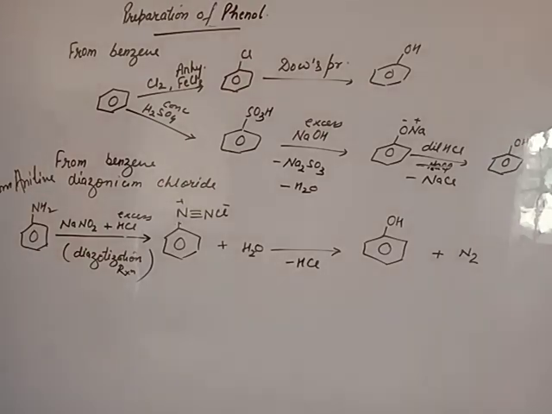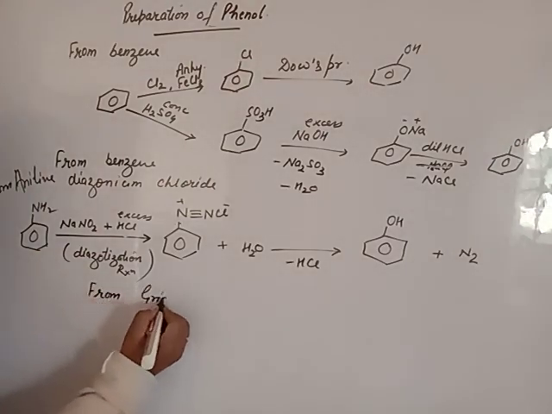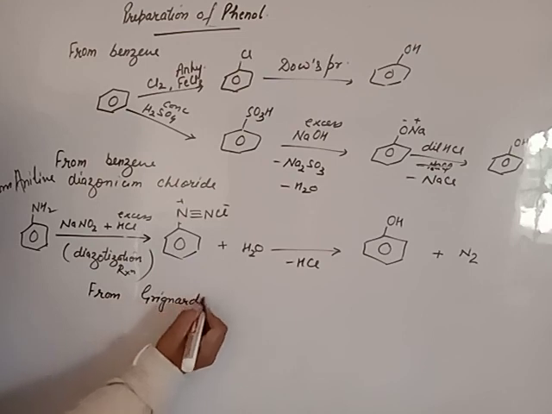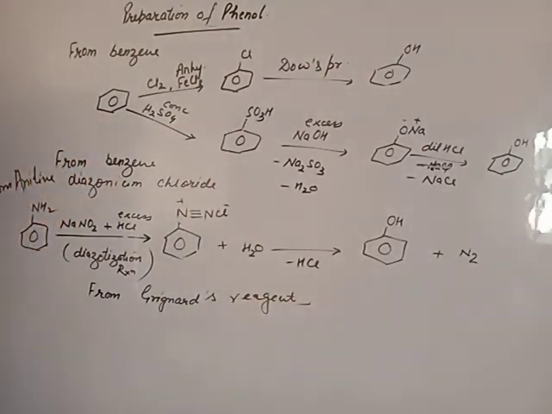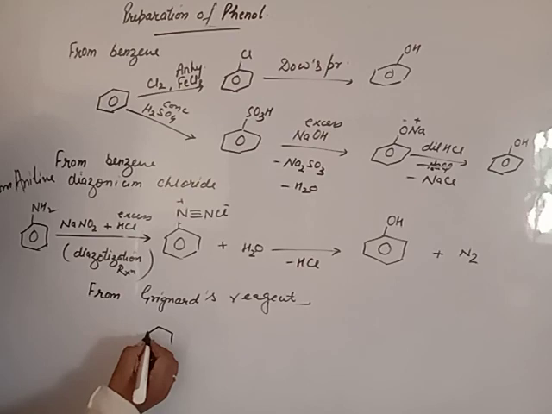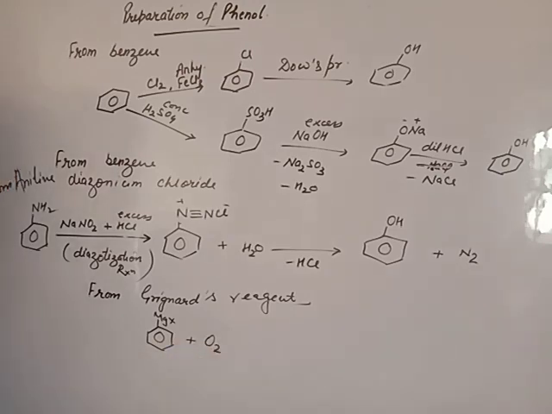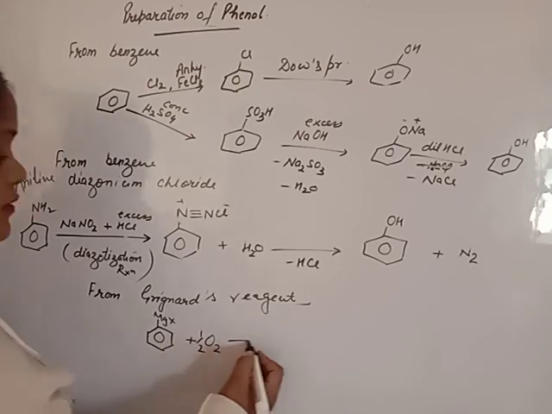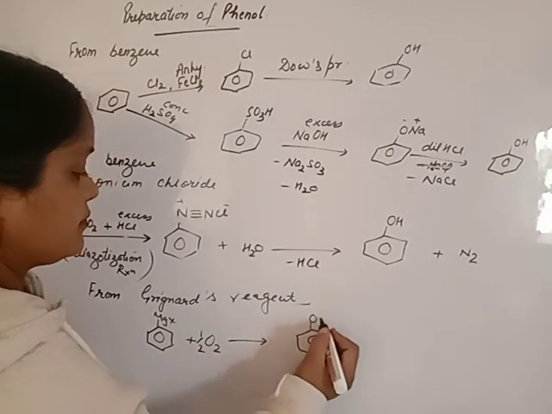Now, from Grignard reagent, we will get phenol. How? In place of alkyl R, we will use phenyl. It is treated with oxygen. Half a mole of oxygen combines with the Grignard reagent to give an addition product.